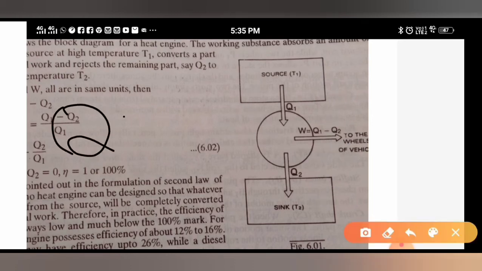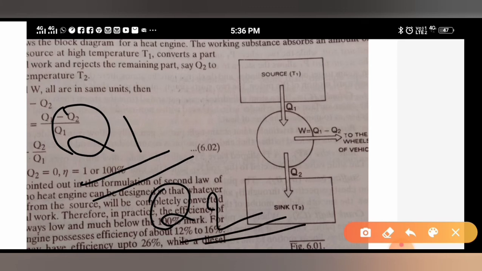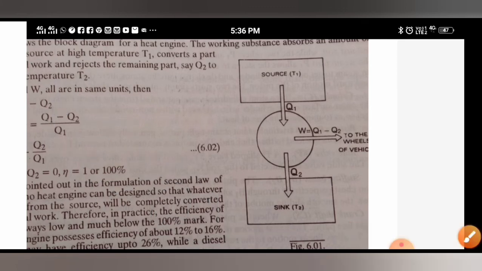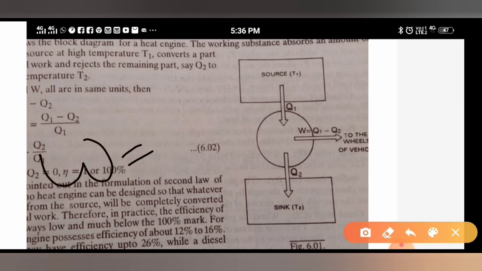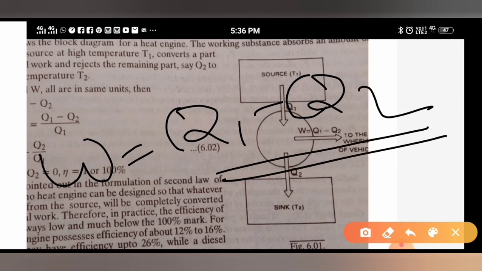So Q1 is the heat it is absorbing from the source, and Q2 is the heat which it is rejecting to the sink. So how much heat is converted into work done? Obviously W is equal to Q1 minus Q2. This is the amount of heat which is converted into work done.